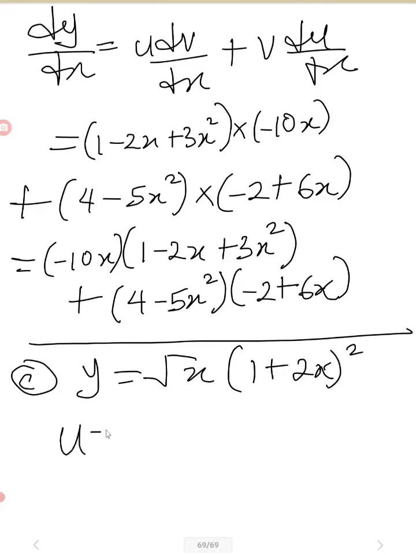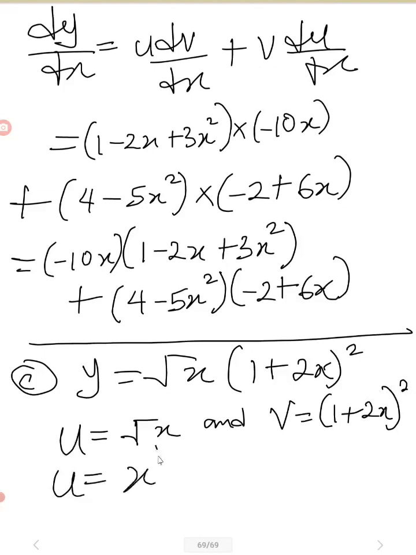So our u is equal to root x, and our v is equal to 1 plus 2x raised to power 2. So u will be x raised to power half, and v will be (1 plus 2x) all squared.